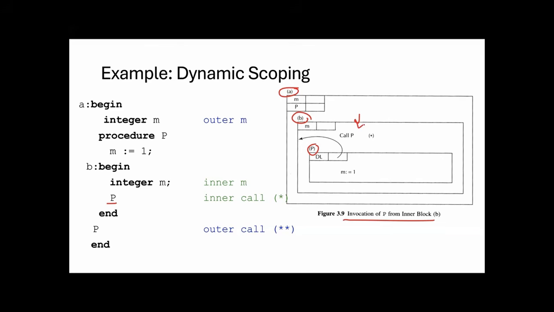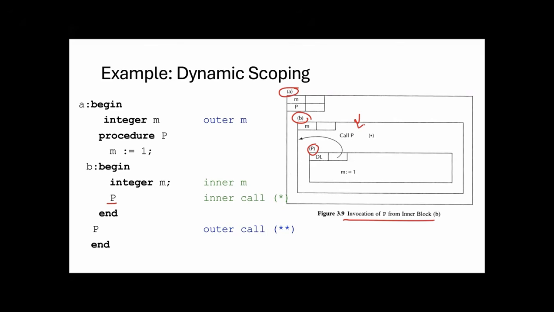You see that when P is called from the environment of A, it is using whatever is declared in A. When it is now inserted inside the block B and called from inside B, its context and the names that it uses are going to come from inside B instead of from inside A. So that's dynamic scoping.